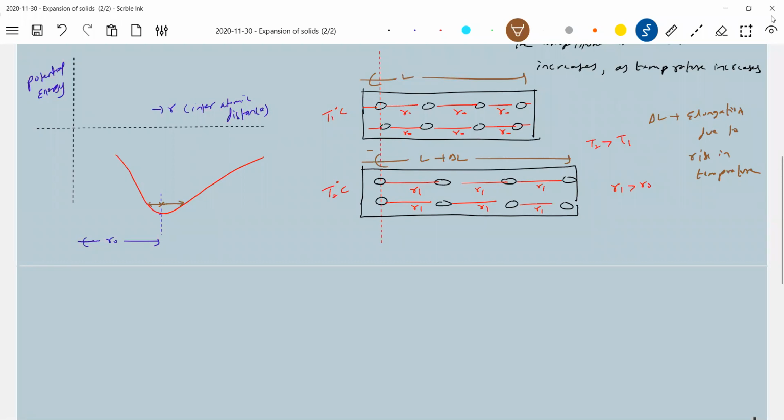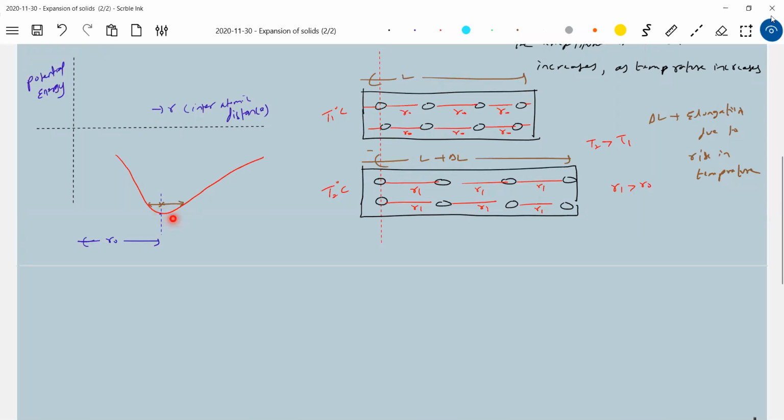If the graph is symmetric, what would happen? Definitely this distance would equal this distance, so the distance between any two atoms will not change. Since the graph is not symmetric about the vertical reference line, there will be thermal expansion due to the rise in temperature.